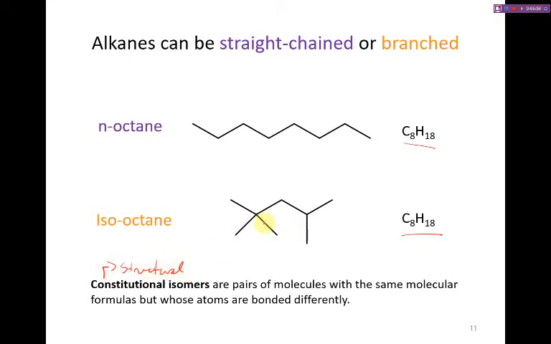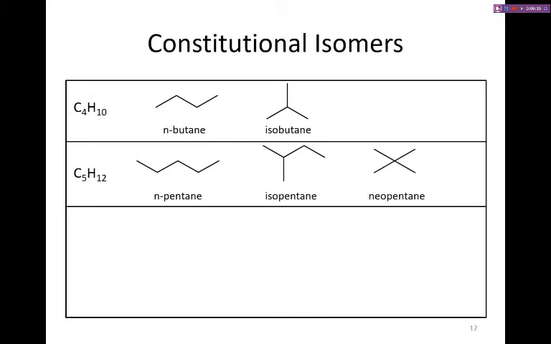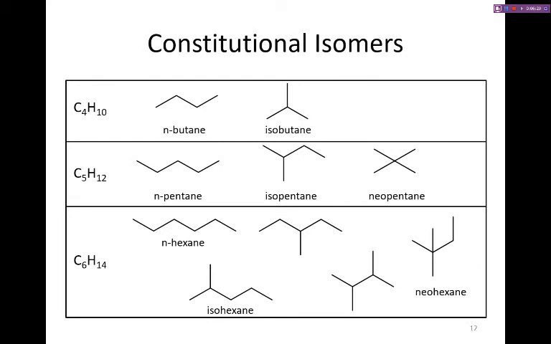And that's where they have the same molecular formula, but the atoms are bonded differently to each other. And within constitutional isomers, what we can see is that the larger the molecule, the more complicated it is, the more numbers of constitutional isomers we can get.